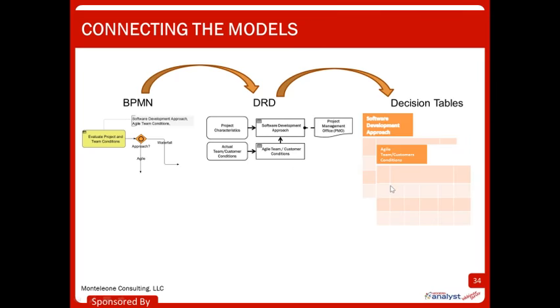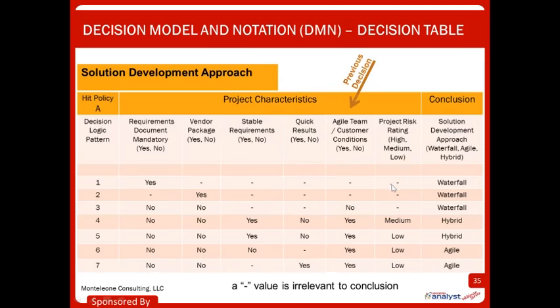Now, just to give you an idea of what these may look like, these are the tables. In this particular one, the solution development approach, you'll see the input to it, which is all the various different project characteristics, such as do we have mandatory documentation? Are we going to use a vendor package?